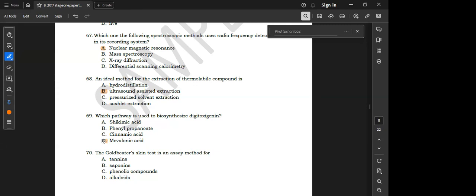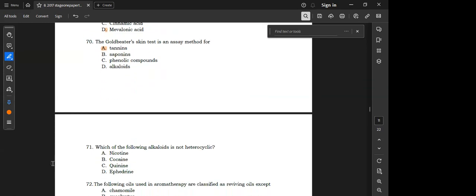Tannins, okay. Which of the following alkaloids is not a heterocyclic?